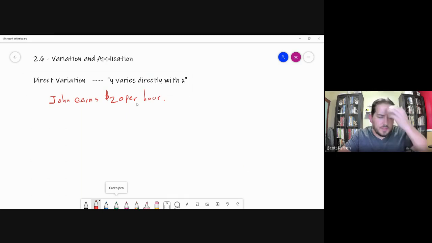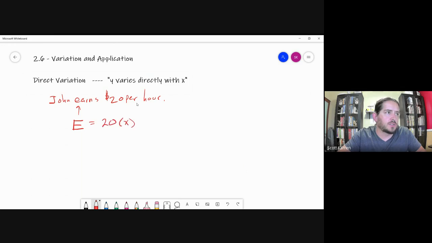This describes a direct variation between John's earnings, which we'll call E, how much he earns. And this is $20 for every hour he works, where x, you can use H, whatever, it doesn't matter, 20H. That's a direct variation. Every 1 unit H goes up, E, his earnings, goes up by $20, right? So this is a direct variation.